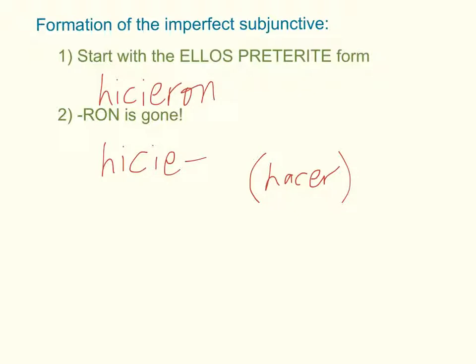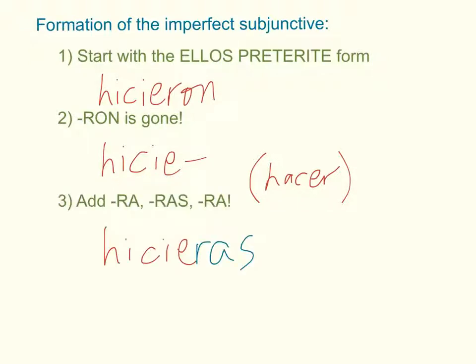Then you drop the ron at the end of the word, which is step 2. So we have the root hicie without the ron. And then we add the endings, which for the yo, tú, and usted forms are ra, ras, ra. So here we have hicieras for the tú form.